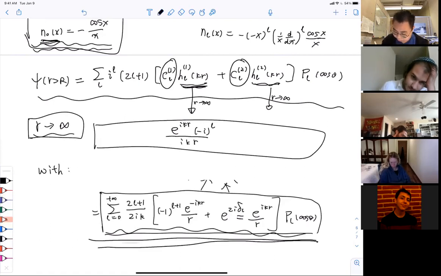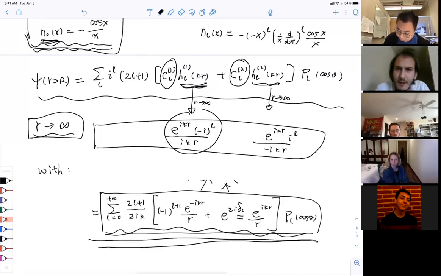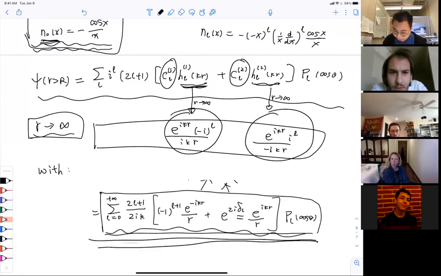I hope you don't get lost in this kind of details. So whenever you feel lost, let me know. I can tell you what I'm doing here. So basically we need to use this guy and this guy. Oh, there's a minus sign.